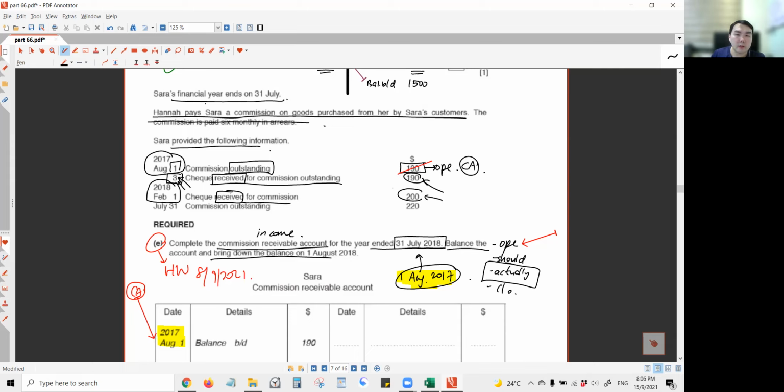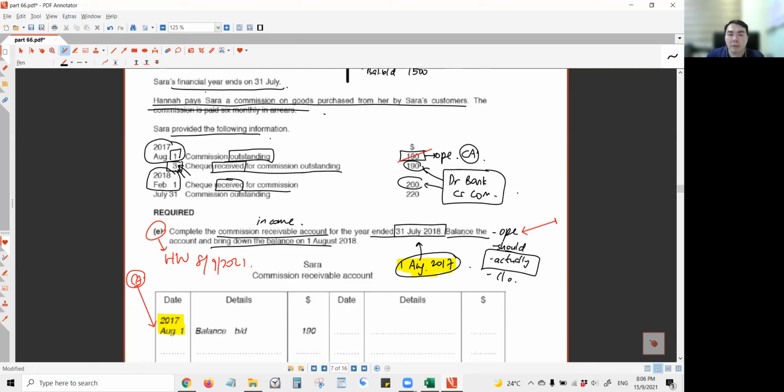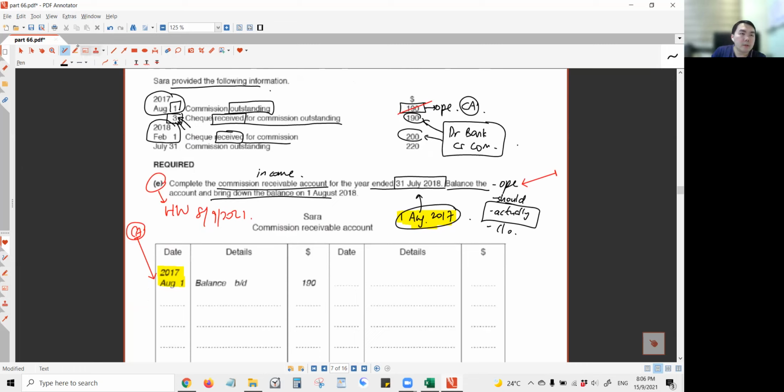So you receive cheque, right? Debit bank, credit commission receivable account. Now record this. Credit commission receivable account means go to the credit side of commission receivable account, write the figure there first, as always. Then you write bank, which is the name of the other account.